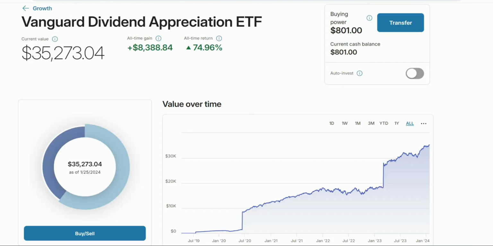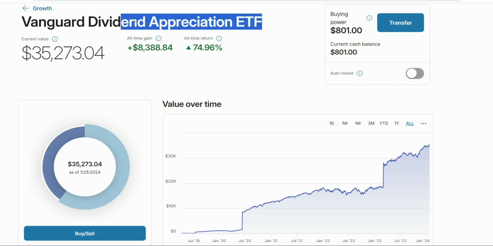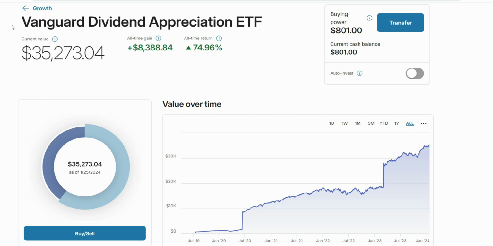Now, I do want to put a big caveat on that. I do not hold DGRO, but I do hold a very similar ETF to DGRO, and that is the Vanguard Dividend Appreciation ETF. A lot of dividend investors try to compare SCHD to DGRO, and I think that's an unfair comparison. I think we should be comparing it to VIG.